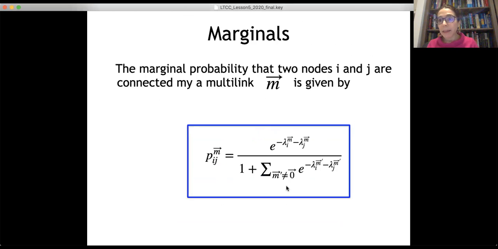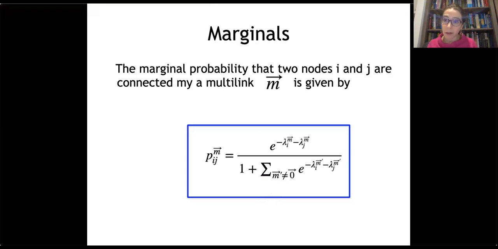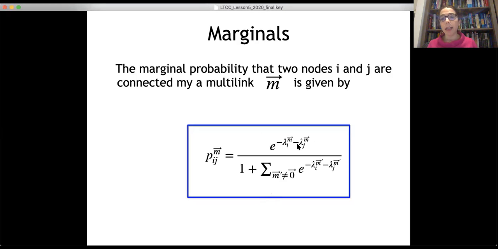When we calculate the marginal, we get this familiar expression, but now in the denominator, we have the term depending on the Lagrangian multiplier fixing the expected multi-degree sequence of node i and of node j.